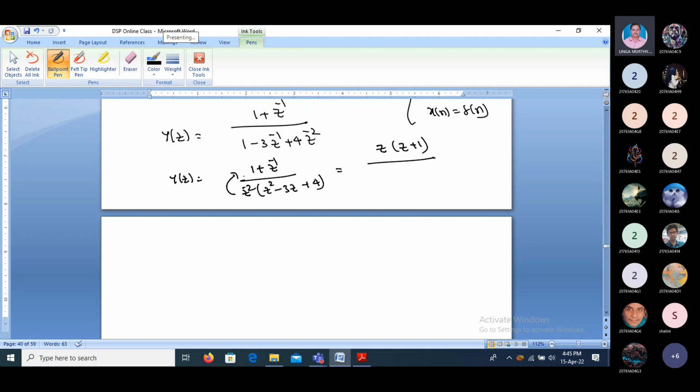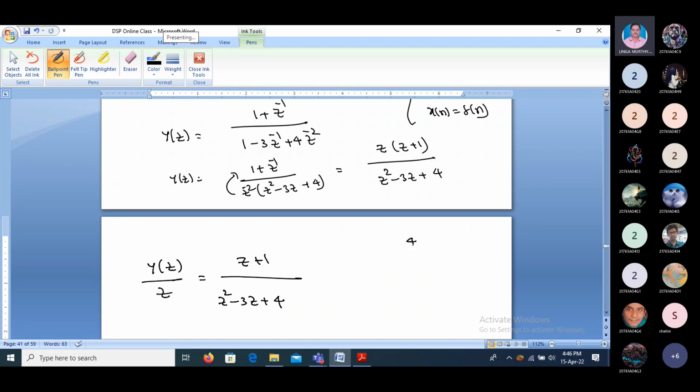So z square plus z can be written as z into z plus 1, over z square minus 3z minus 4. So next, Y of z by z is equal to z plus 1 divided by z square minus 3z minus 4. So the roots are 4 and minus 1. One root is 4, another root is minus 1.